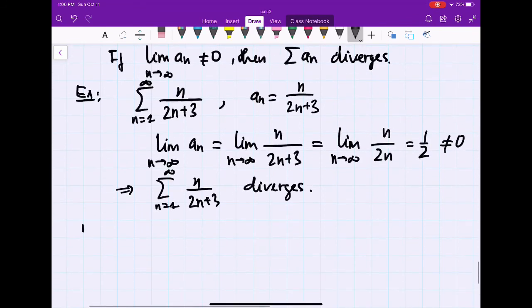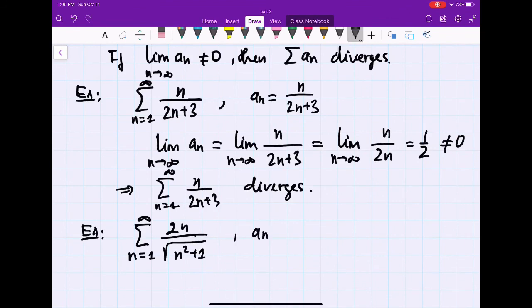Let's do one more example and then we finish today's lecture. The series of 2n over the square root of n squared plus 1, from 1 to infinity. So the general term an is 2n over the square root of n squared plus 1.